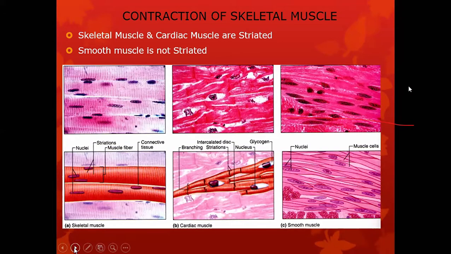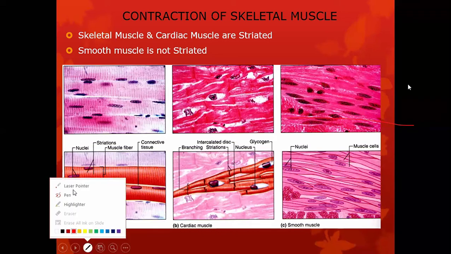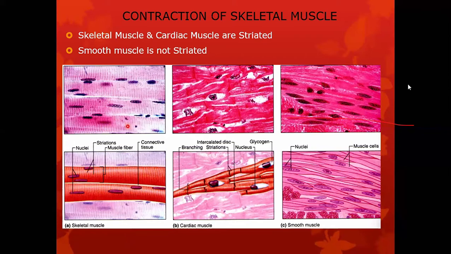This one, you have your skeletal muscle, cardiac muscle, and smooth muscle.